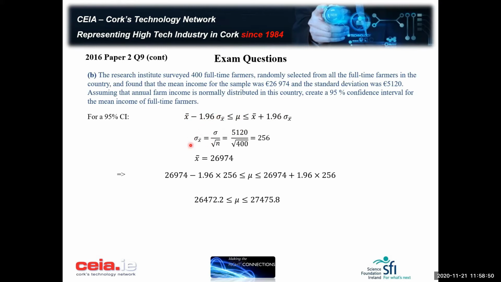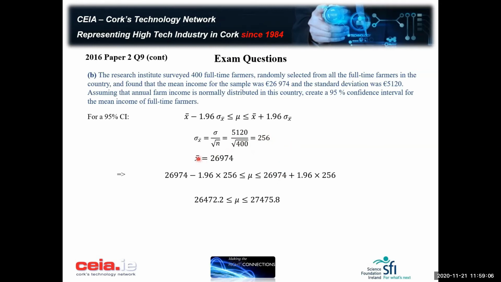So let's work out standard deviation first. It's sigma divided by root n for sample means. 5,120 divided by the square root of 400, which is 256 in this case.